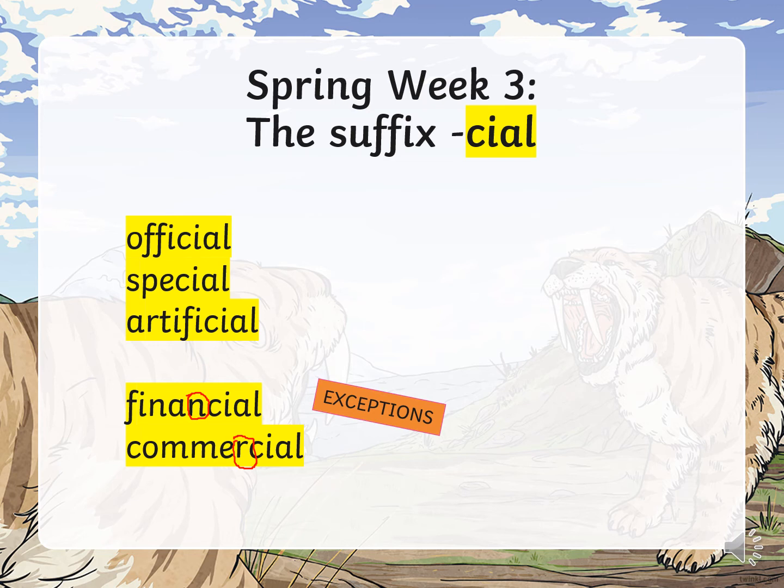So financial, finance, you take off the C and add IAL. And the same for commercial, comes from commerce. So that's another CE word. And those are exceptions to the rule. So although they do not have a vowel letter, they do still have the suffix cial.